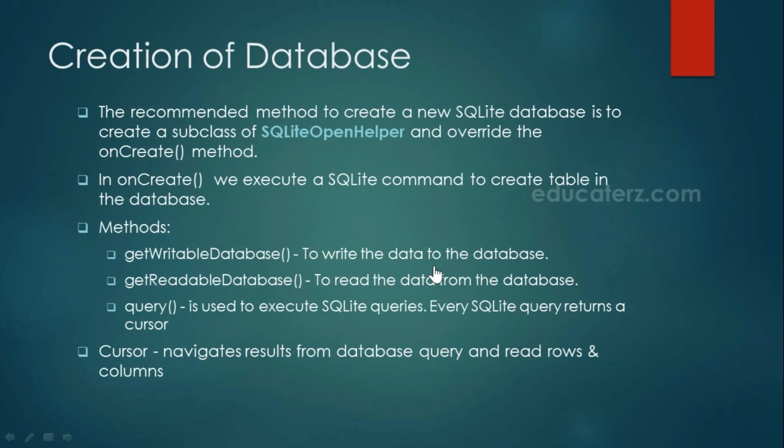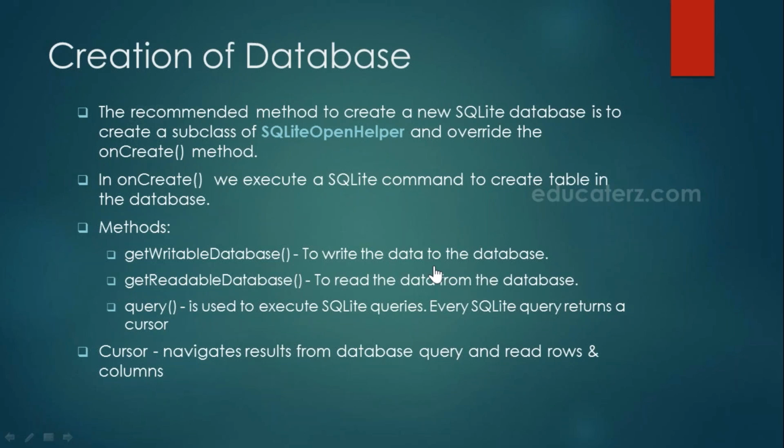I want only name and phone number. So select the column IDs: select name, phone number from table name where the salary is greater than 15K. That is going to read only those two columns.